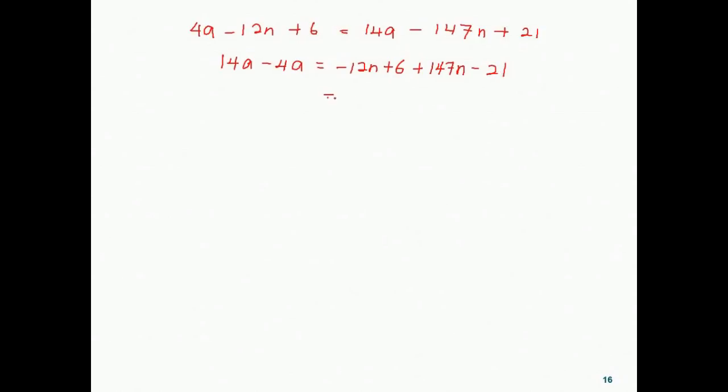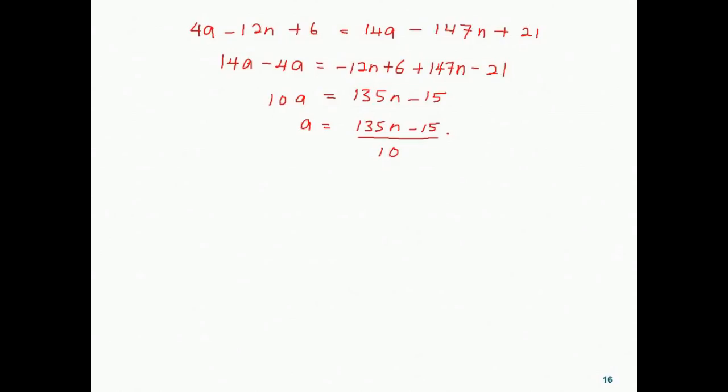So we have here 135n, and 6 minus 21 is equal to negative 15. So we have 10a. So a is equal to 135n minus 15 over 10.